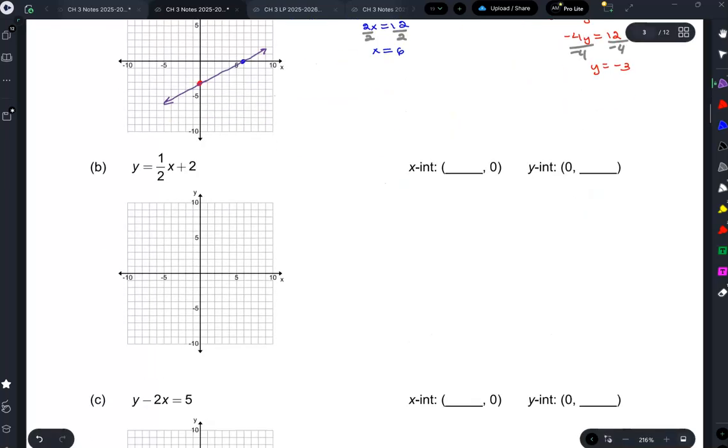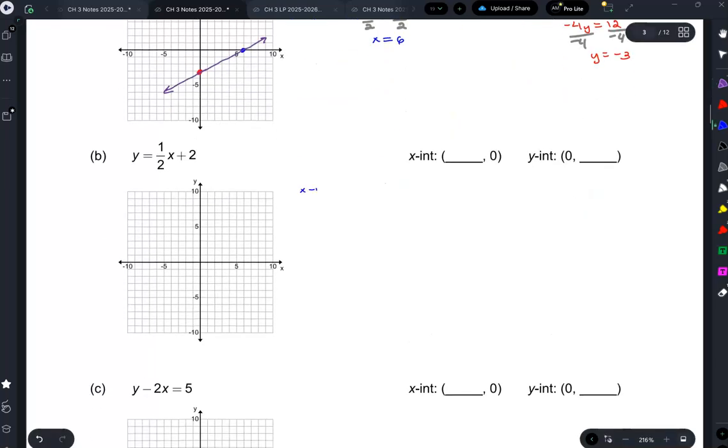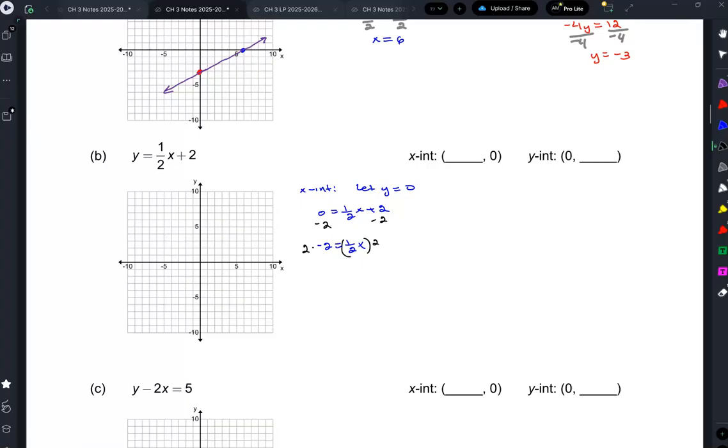Okay, let's do another one. X-intercept, let y equals 0. Now, minus 2. Multiply by 2. Negative 4 equals x. So here it's negative 4, 0.